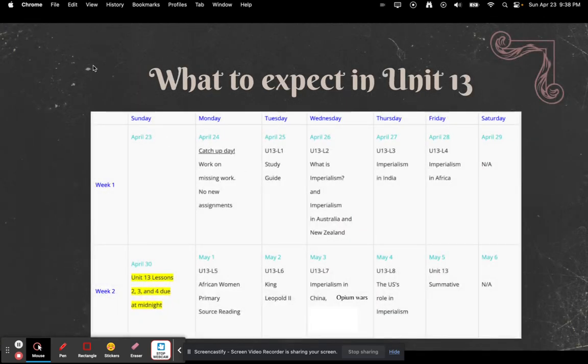All right, so what to expect in Unit 13. Here's our calendar. What you need to do next is imperialism in India, and then imperialism in Africa. Those are due at midnight. Then on Monday, we're going to do an African women primary source reading, where you will read some accounts of women who were suppressed during the time of imperialism.